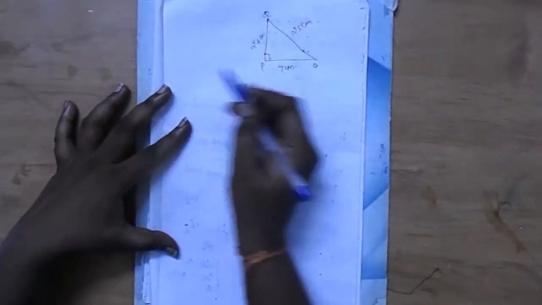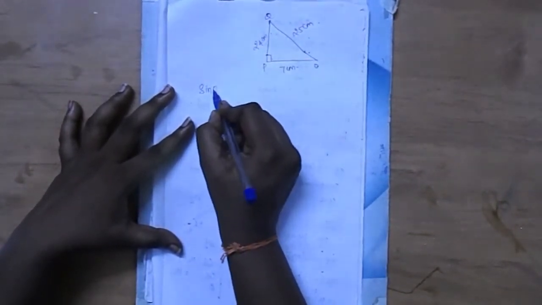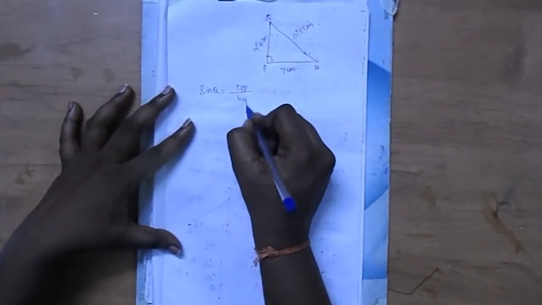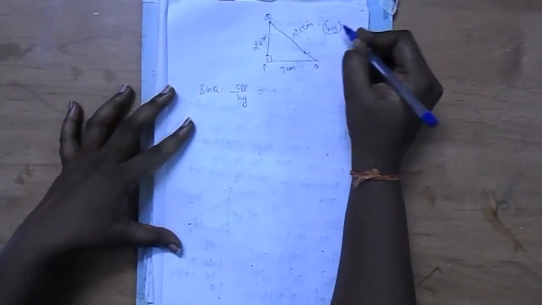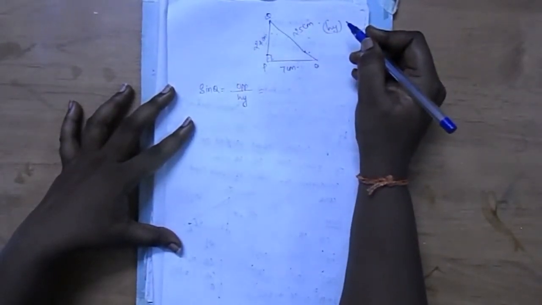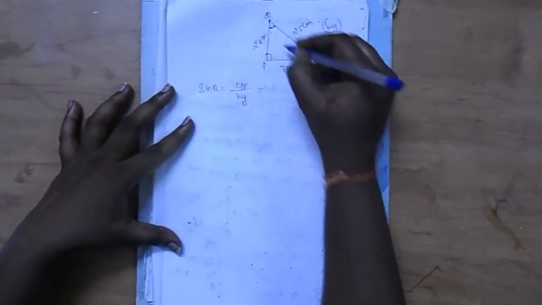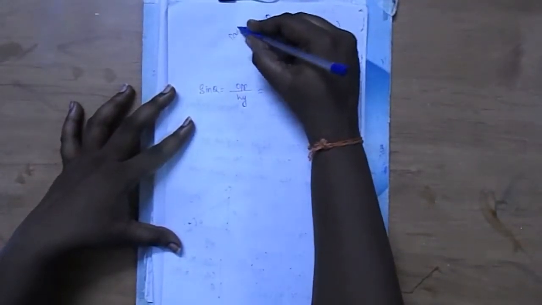Next, now find out the sin Q value. Sin Q equal to opposite by hypotenuse, where 90 degree is opposite. This is the opposite side, and this is angle at P, 90 degree. Next, Q is theta. So, this is Q, this is the opposite side, and this is the adjacent side.